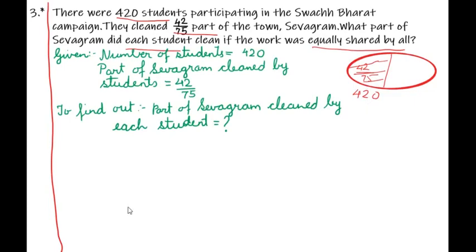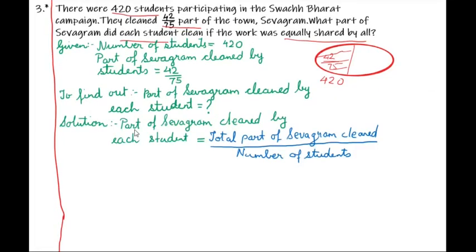So the solution is: part of Sevagram cleaned by each student is equal to total part of Sevagram cleaned upon number of students. So total part of Sevagram cleaned is this much. What is that? 42 upon 75. Yes or no? So we will write it down.